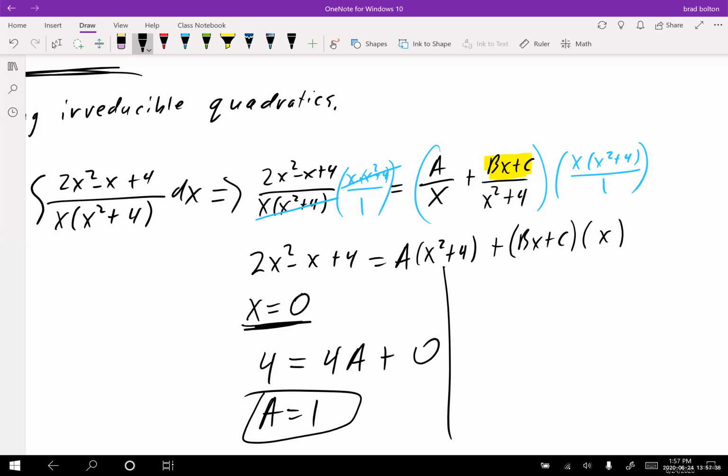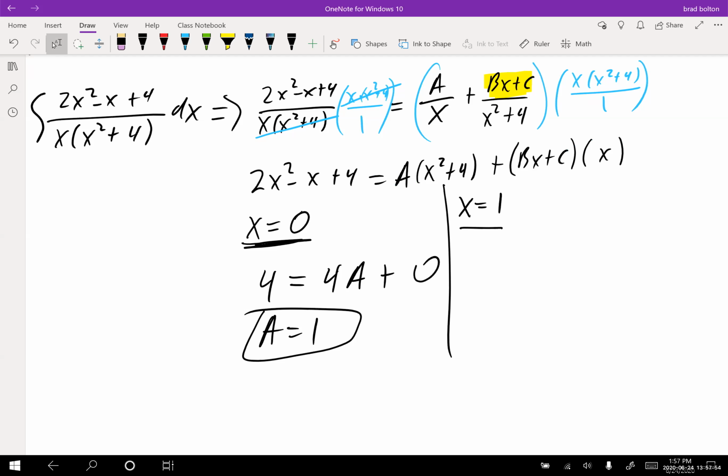Now we run into trouble because there's really not another good x. What I would do if I were you is pick an easy x, maybe not a good one, but something that's easy to calculate. I'm going to let x equal 1, just because I can calculate with 1 pretty easily.